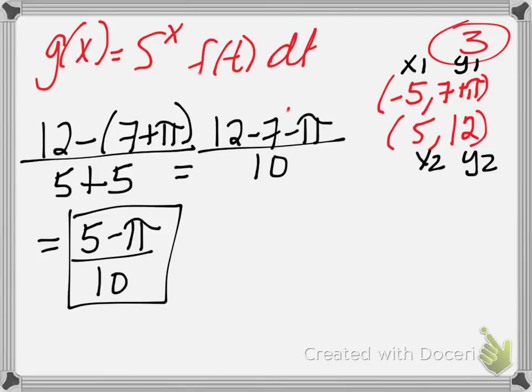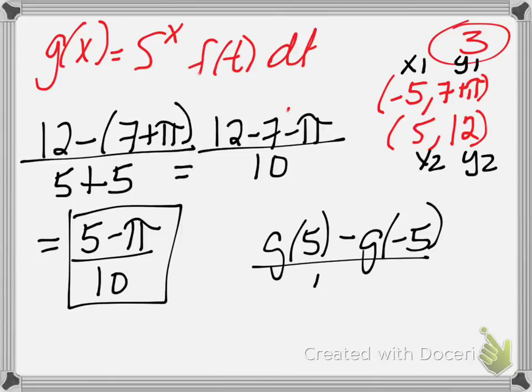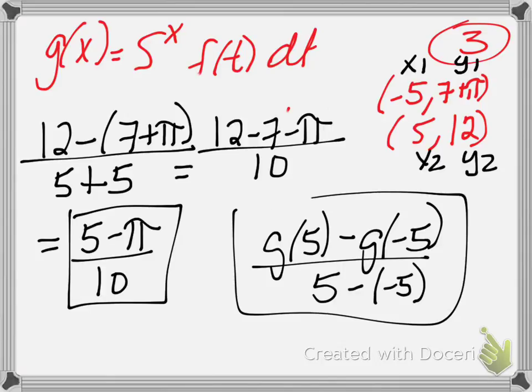And that was the final answer, and the point values were, if you just wrote g of 5 minus g of -5 over 5 minus -5, that was worth 1 point, and then this final answer was worth 2 points. So part A was worth 3 points. It was kind of time consuming, that one. All right, let's move on to part B.